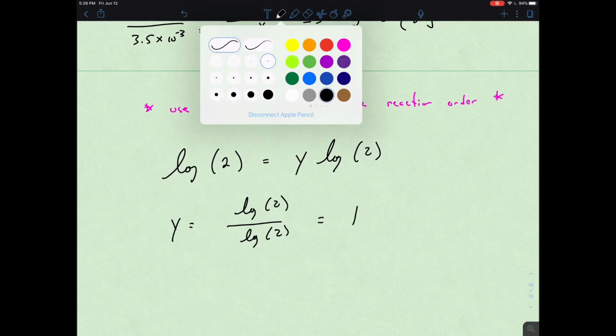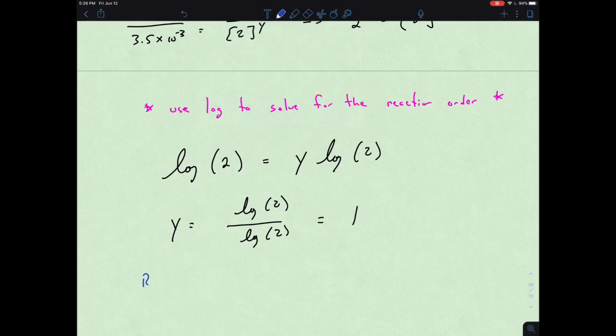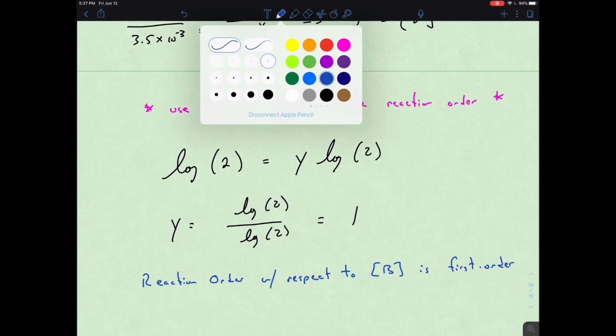So we know here that our reaction order with respect to B is first order as a result.